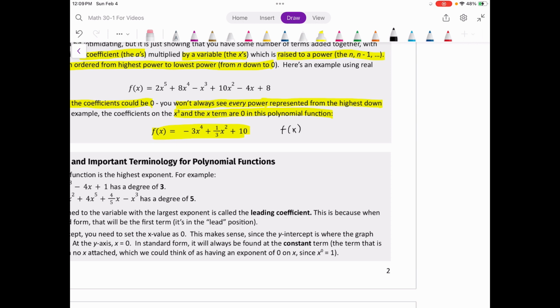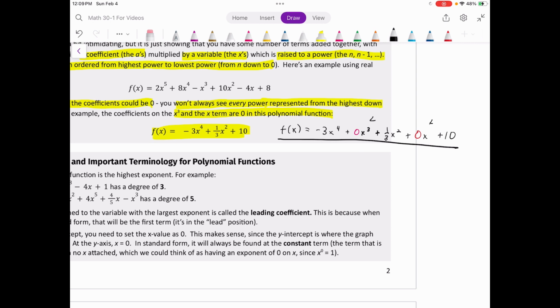You could think of this as being equivalent to negative 3x to the power of 4 plus 0 x cubed, right? No x cubed term in this one, plus 1/3 x squared plus 0 x plus 10, right? That's kind of, if you wanted to show every power, what's going on here.